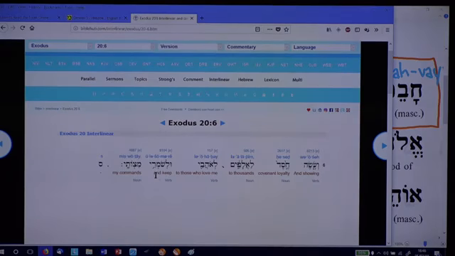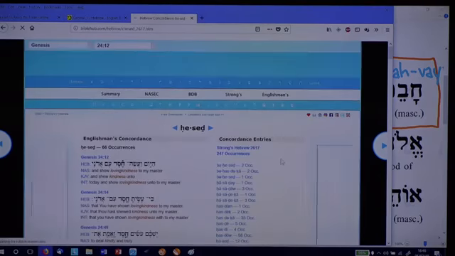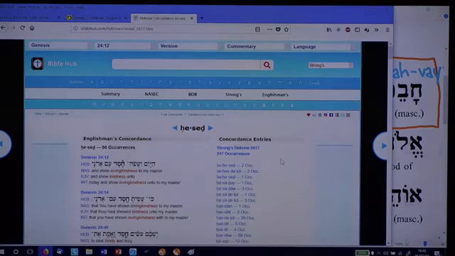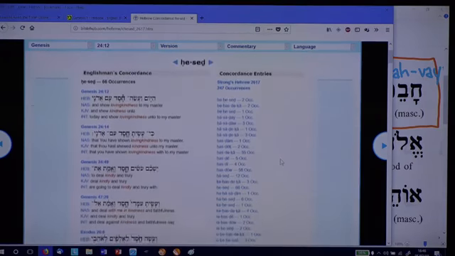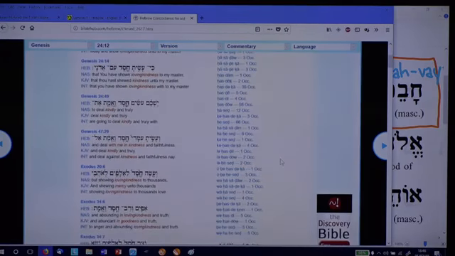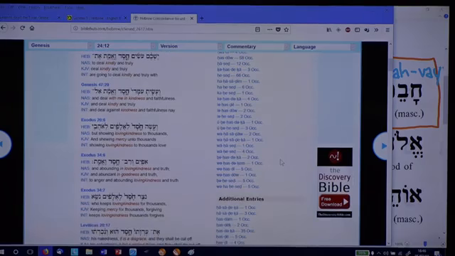That's what the NIV says. Love. Wait a minute, I've seen that word before. It's called hesed. I'll look it up. Hesed means loving kindness. Actually, hesed means grace. You see, there's something wrong with their translation. You caught them.